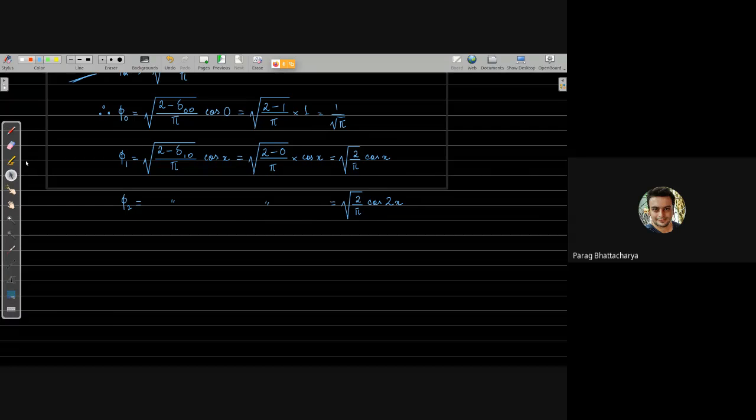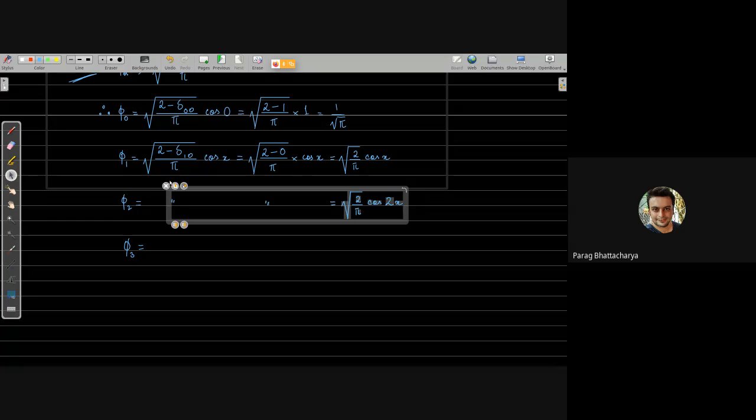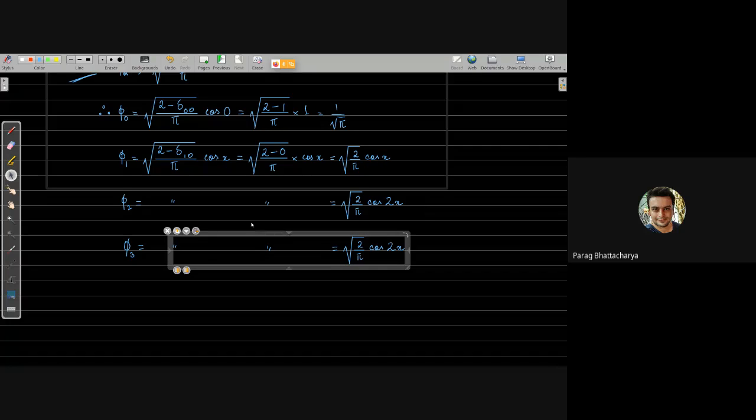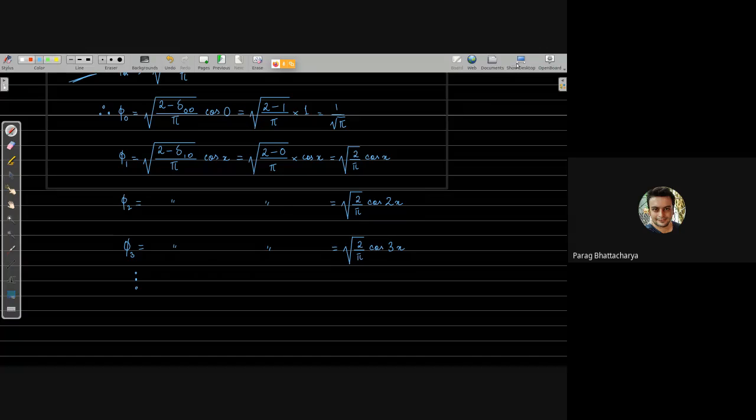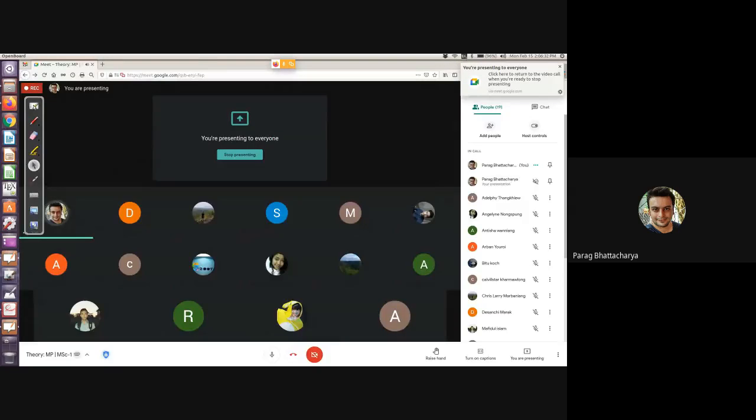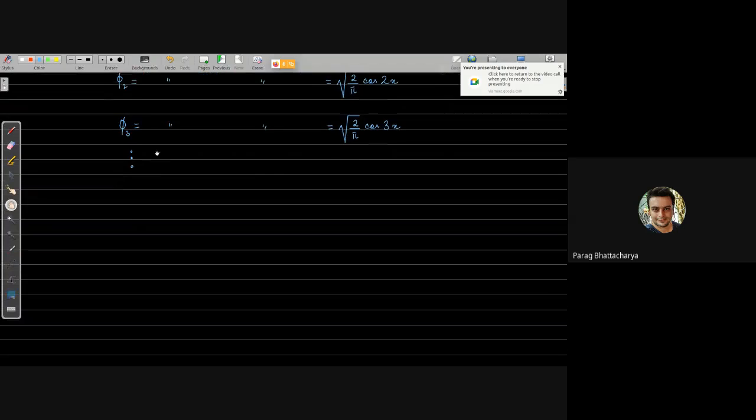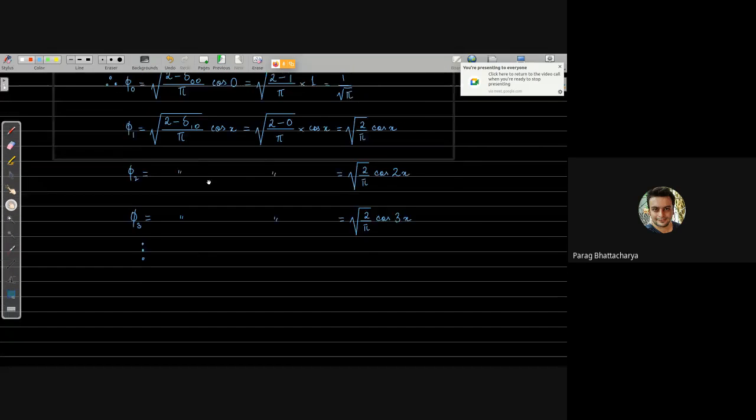And phi 3, in a similar way, phi 3 will be equal to, instead of 2 we'll have 3x, cos 3x, and so on. Is this clear to everyone how I got this? Is everybody clear with this?